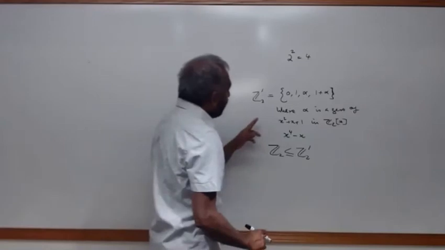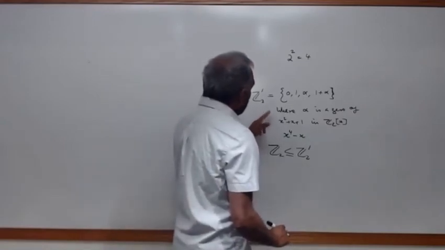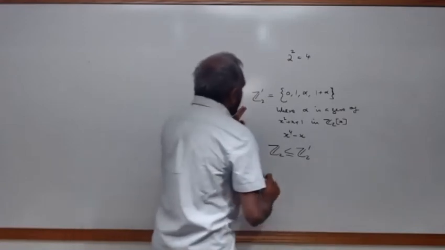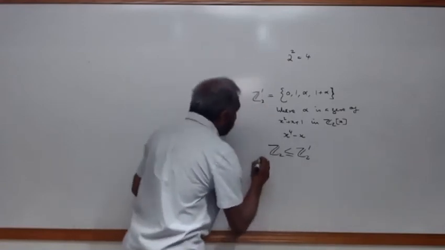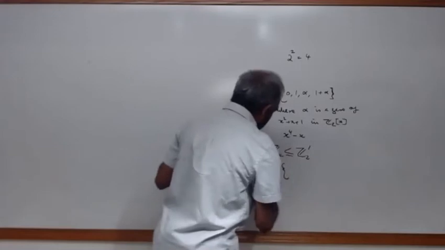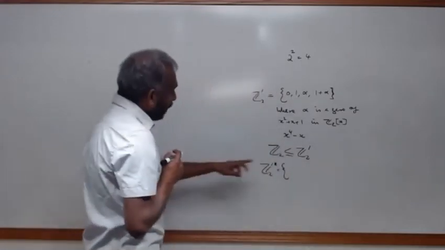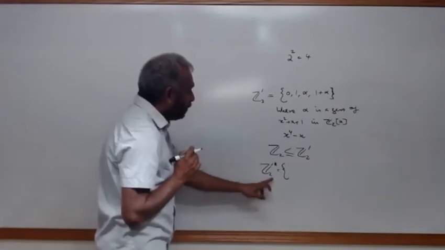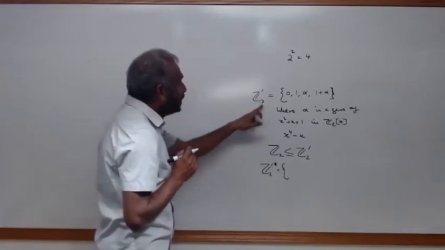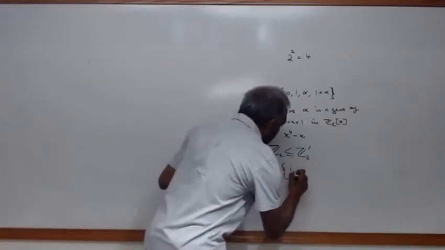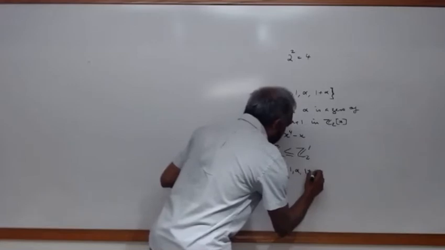One thing I want to observe here is that if you take Z2 prime star, this is actually the multiplicative group of non-zero elements from here. That is 1, alpha, 1 plus alpha.